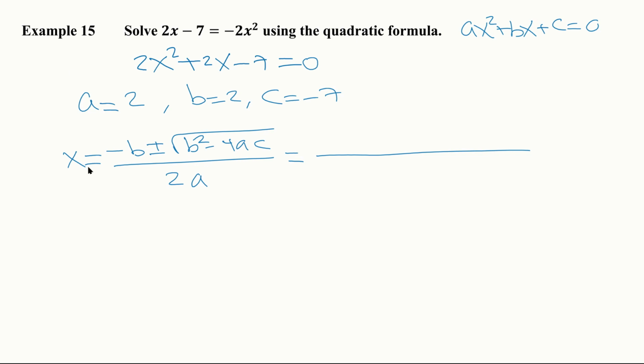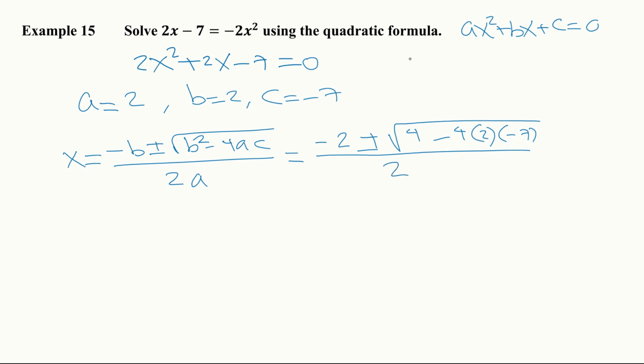Negative b, so that means the opposite of b, right? b is 2, so what's the opposite of 2? Negative 2. Plus or minus square root of b squared, that's just going to be 2 squared, which is 4, minus 4 times 2 times c, which is negative 7. So 4 times a, which was 2, times c, which was negative 7. Notice I'm not skipping any steps.